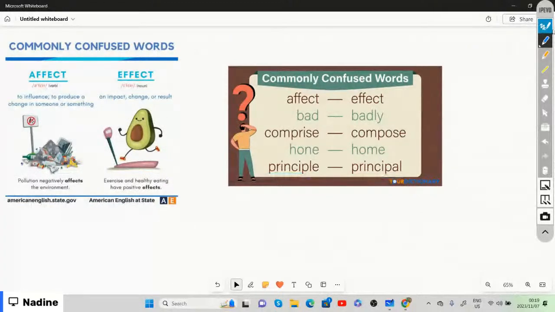So it is important for you to know, firstly, the meaning of the word. I think it's even best if you know whether it's a noun, a verb, an adjective, or an adverb, in order for you to know in which context to use it.